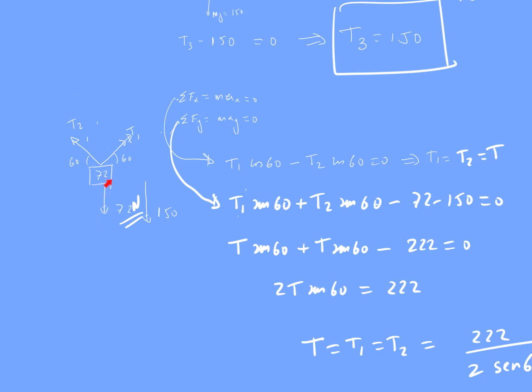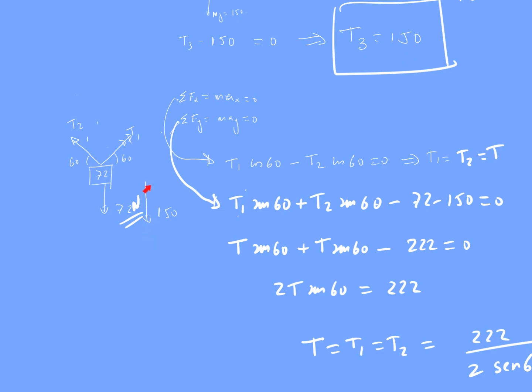What are the forces acting on this body? There is the 72 newtons, T1, T2, and also T3 pulling down, which is the force that the rope exerts on the mass of 7.2 kilograms. This force is 150 newtons, going downwards.